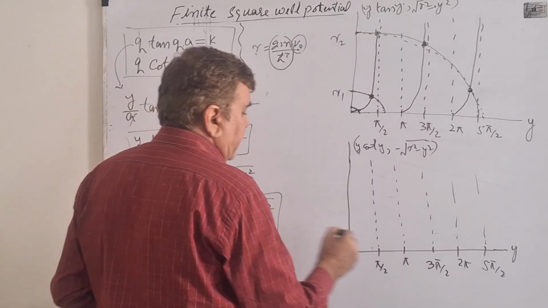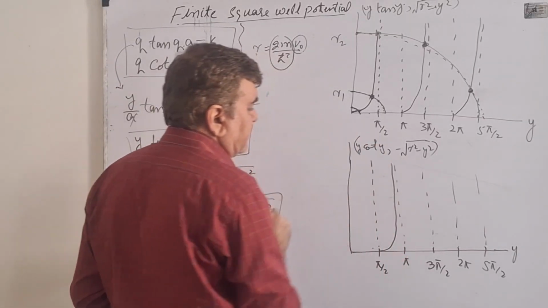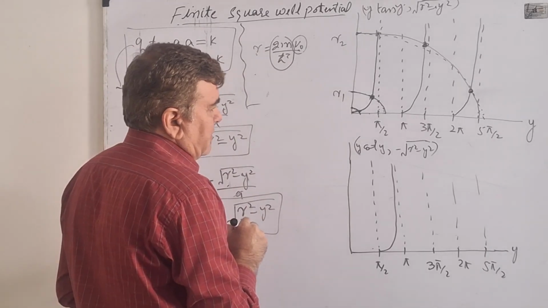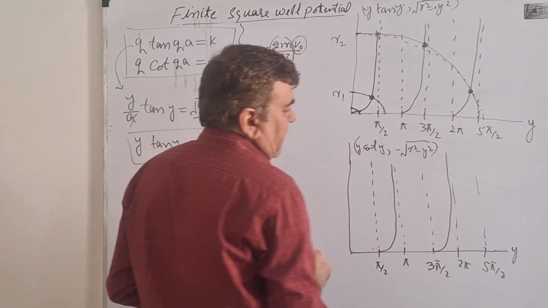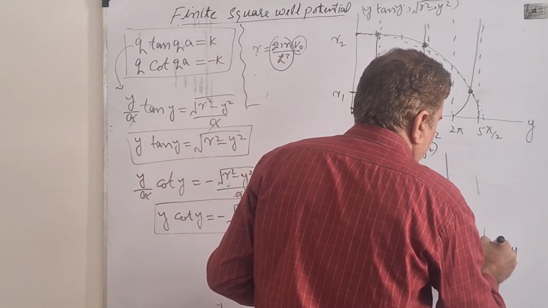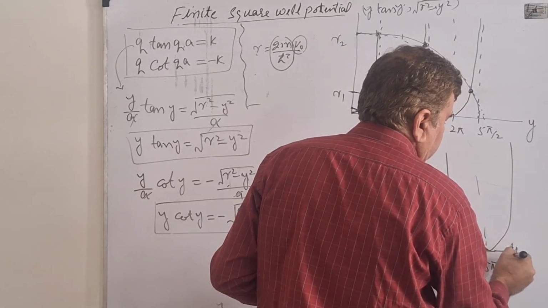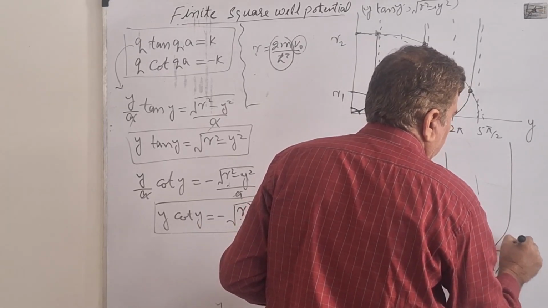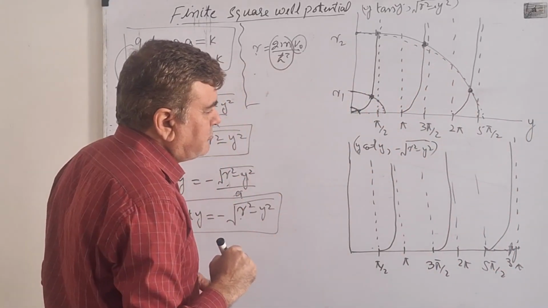The plot of cotangent y starts from pi by 2. I would have something like this. These are the asymptotes. And then for 3 pi, I would have a plot like this. And then for 5 pi by 2, I have a plot like this. There would be another point, which is 3 pi. In fact, at this position, so we will have 3 pi like this.